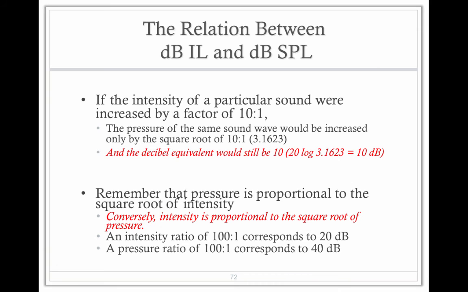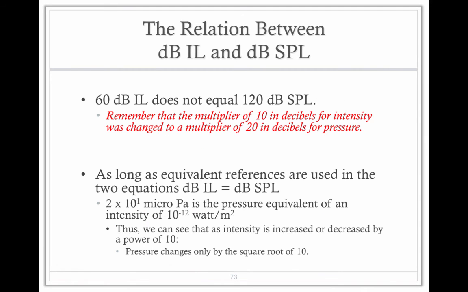Remember that the pressure is proportional to the square root of the intensity. Conversely, the intensity is proportional to the square of the pressure. 60 dB IL does not equal 120 dB SPL because the multiplier of 10 in decibels for intensity was changed to 20 for pressure.